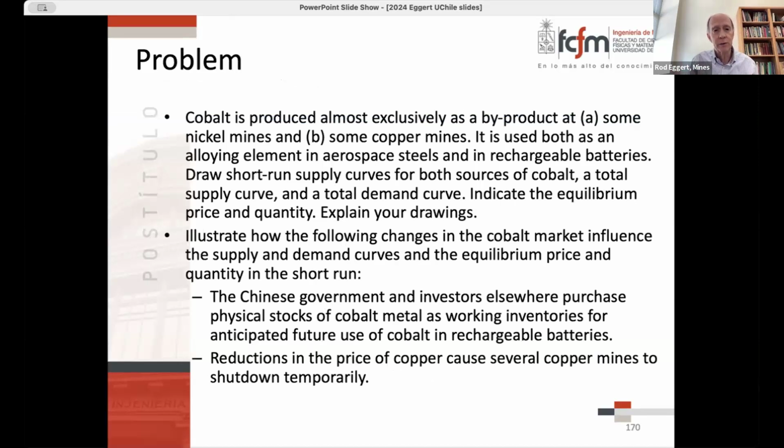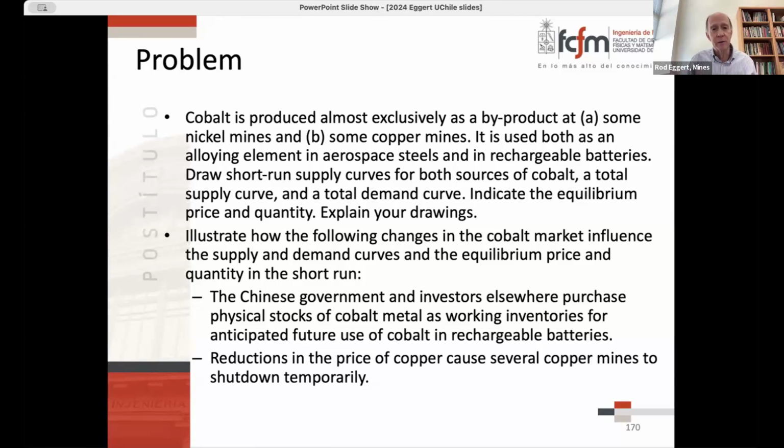Let me quickly go through a supply-demand exercise, just as an example of how we could use simple supply-demand graphs to organize our thinking about how markets evolve and change. My example is for cobalt. Cobalt is produced almost exclusively as a byproduct at some nickel mines and at some copper mines. So that's the supply side.